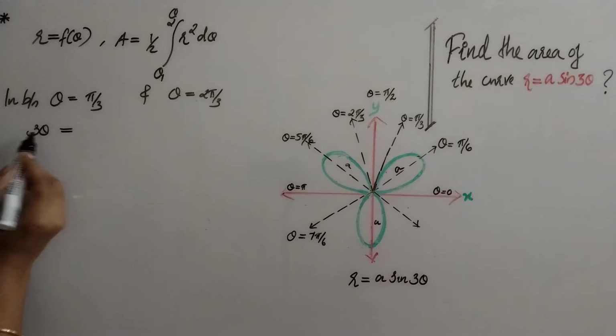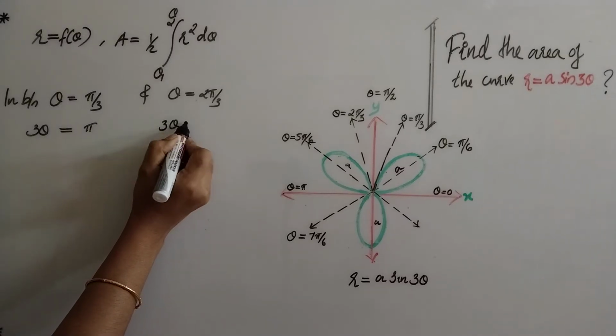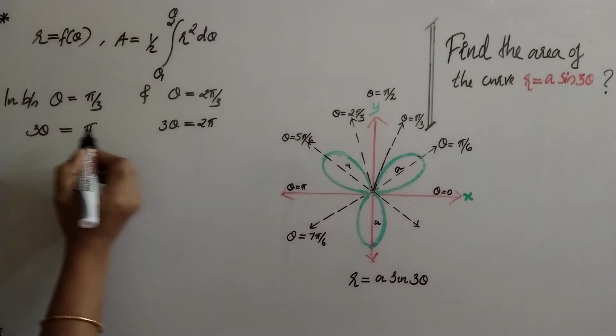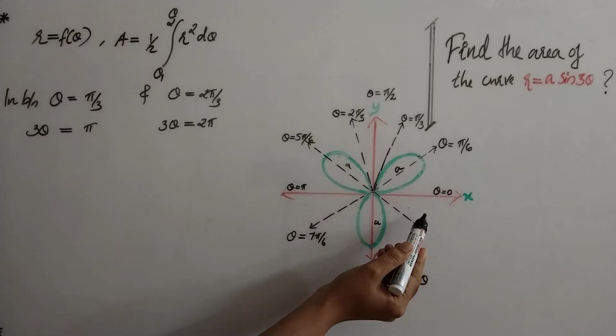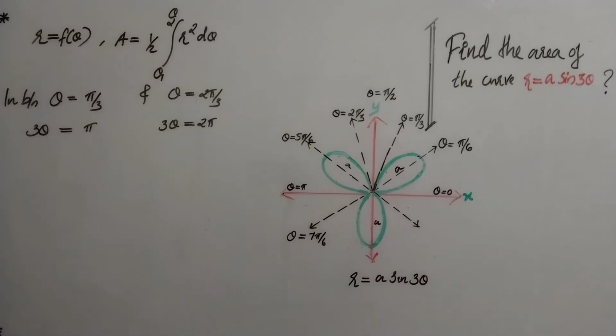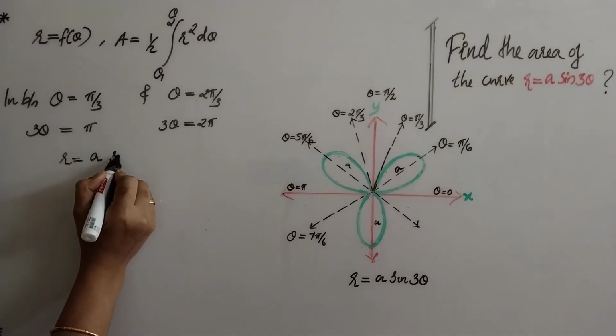Here 3 theta is pi and here 3 theta is 2 pi. That is in between pi and 2 pi. That is third and fourth quadrant. Here r is a sin 3 theta.